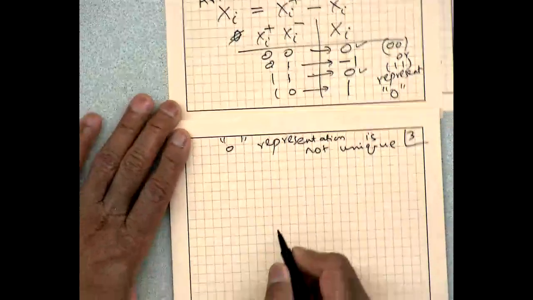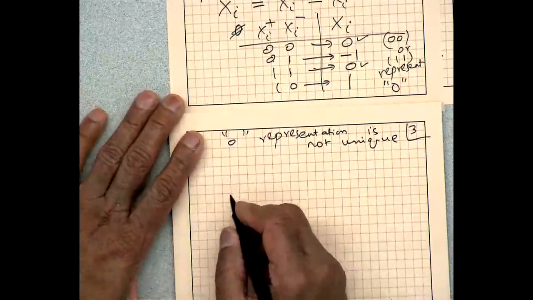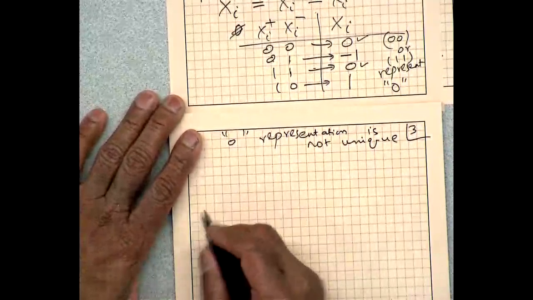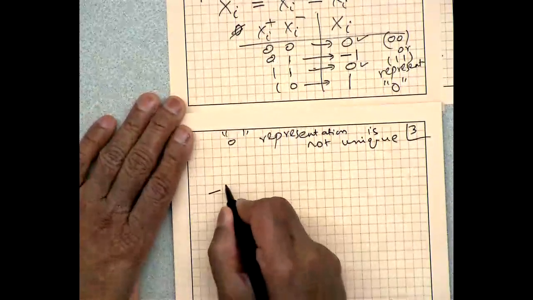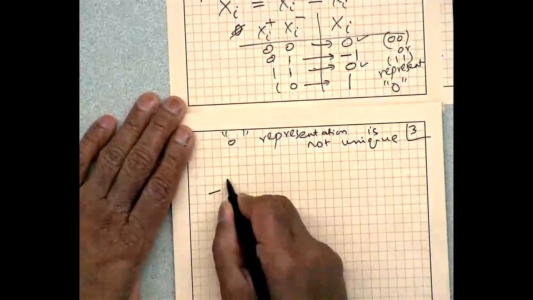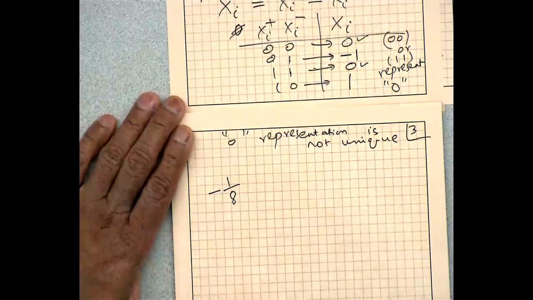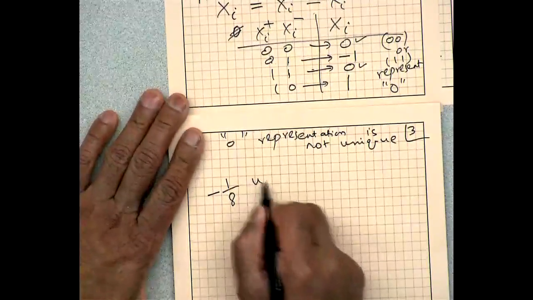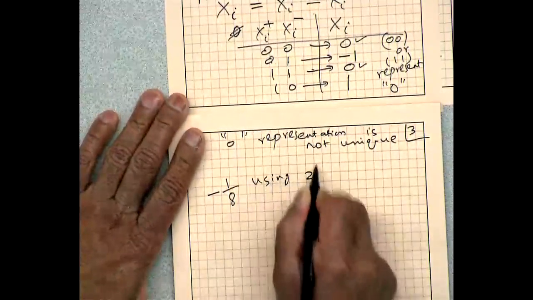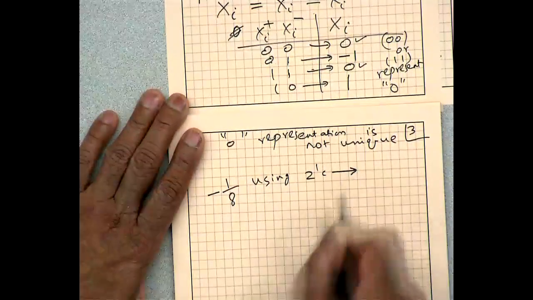Okay, so let's take some examples. Let's say I want to represent minus 1/8. If I were to represent it using 2's complement, what would that be?